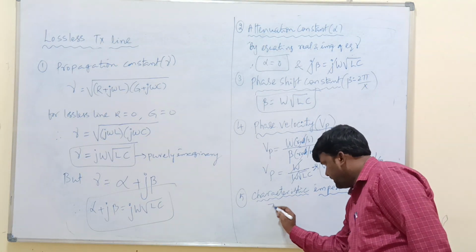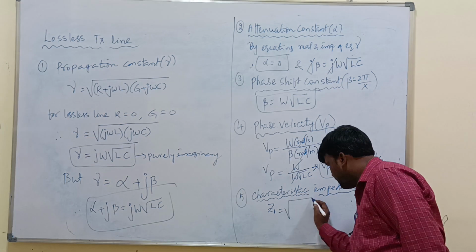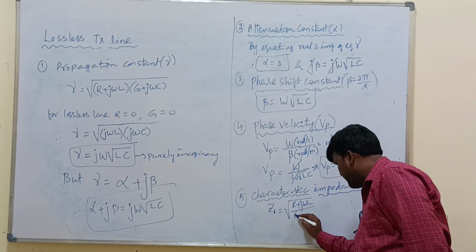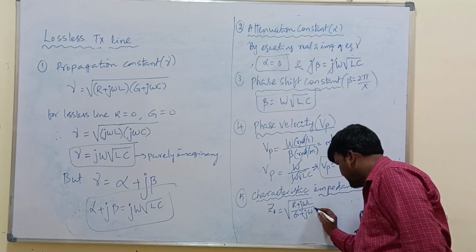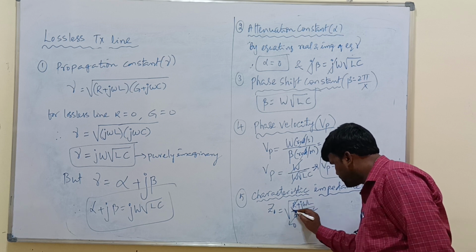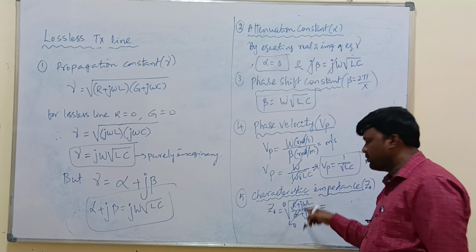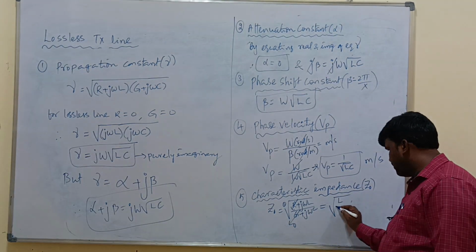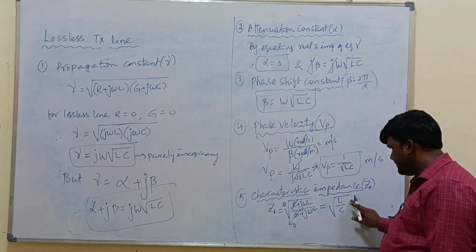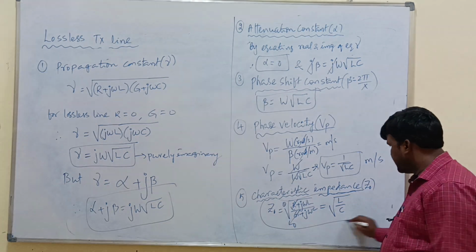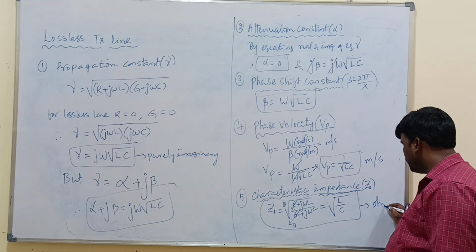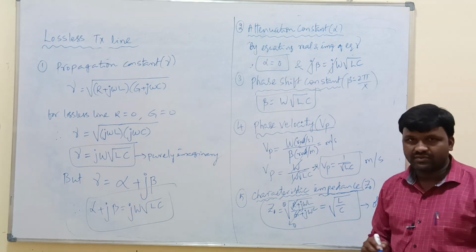Z0 generally is under root R plus j omega L divided by G plus j omega C. R is 0 and G is also 0 for lossless. That is under root j omega L by j omega C. The j omega cancels. That is under root L by C, the characteristic impedance of a lossless transmission line. Units are ohms.